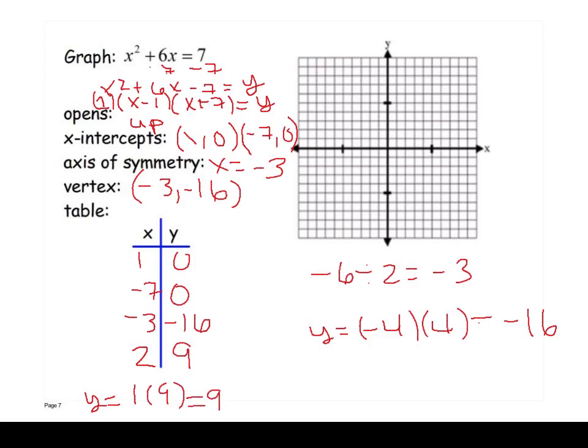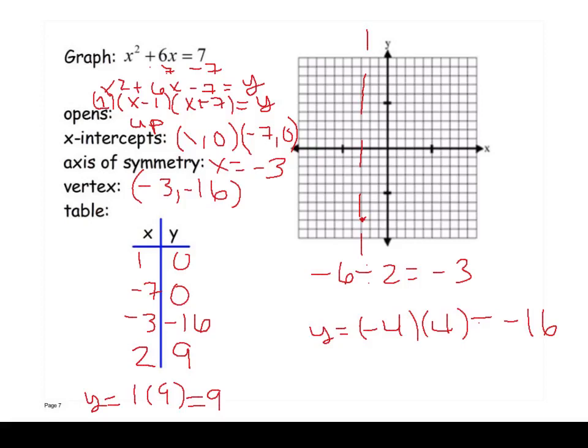And then my axis of symmetry is located at x is equal to negative 3. So plotting that here on my graph. And my vertex is located at negative 3, negative 16. Since negative 16 is a pretty large number, I'm going to count my points by 2's, which means I'm going to move down 8 boxes, which is located then at negative 16.